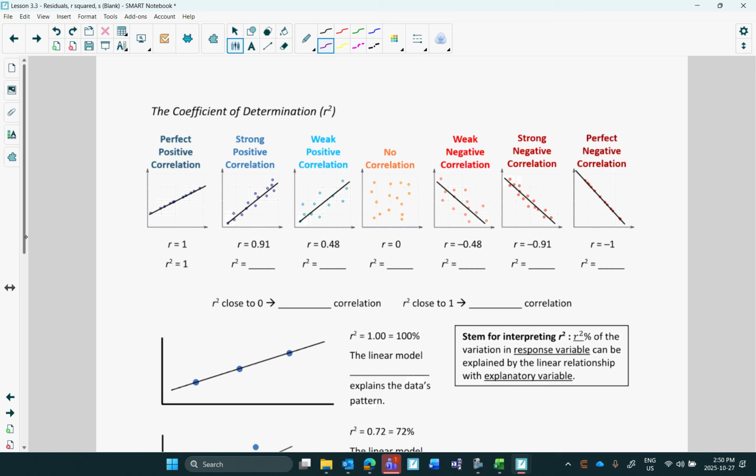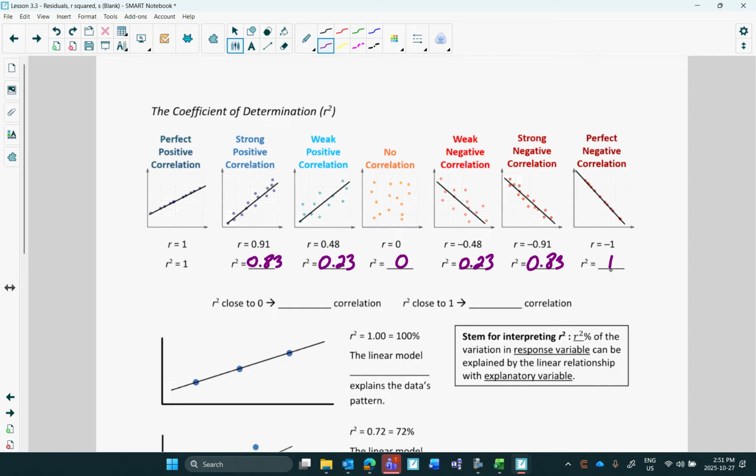The coefficient of determination is when we take the correlation coefficient and square it. So if I square all these, 1 squared is 1, 0.9 squared is approximately 0.83. This is approximately 0.23. Obviously, this is 0. Negative 0.48 squared is the same as 0.48 squared. Negative 0.91 squared is the same as 0.91 squared. Negative 1 squared is 1. Notice they're always positive values because we square them.